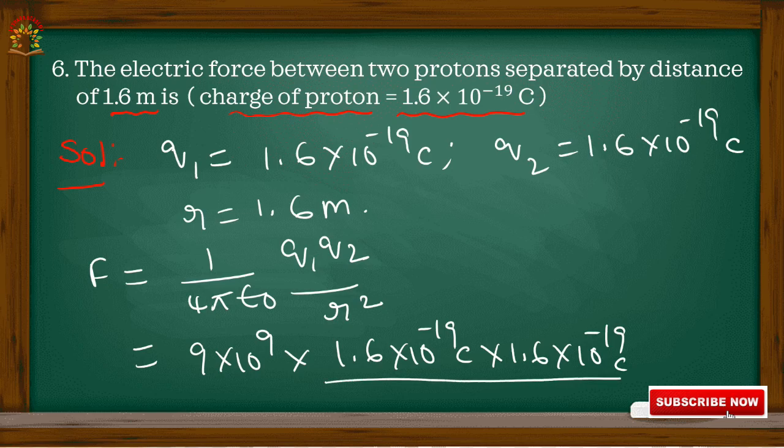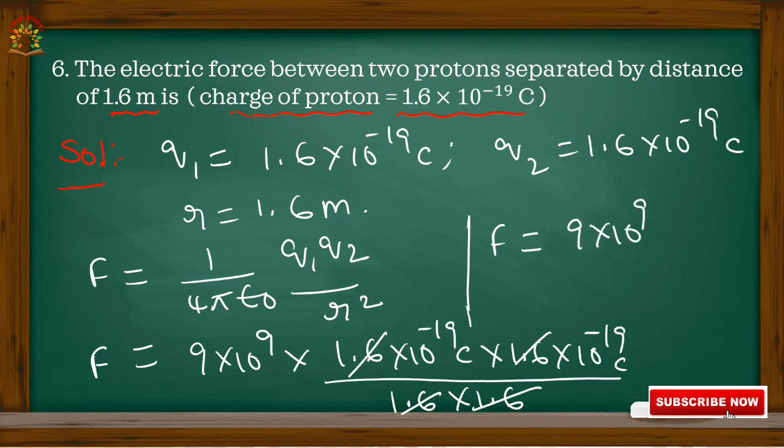R is 1.6 square, nothing but 1.6 into 1.6. Here also 1.6, 1.6 cancel. The final answer, F is equal to 9 into 10 to the power of 9, and 10 to the power of minus 19 and 10 to the power of minus 19 becomes 10 to the power of minus 38.